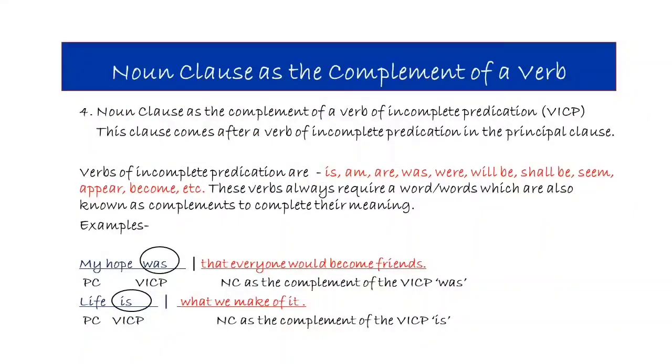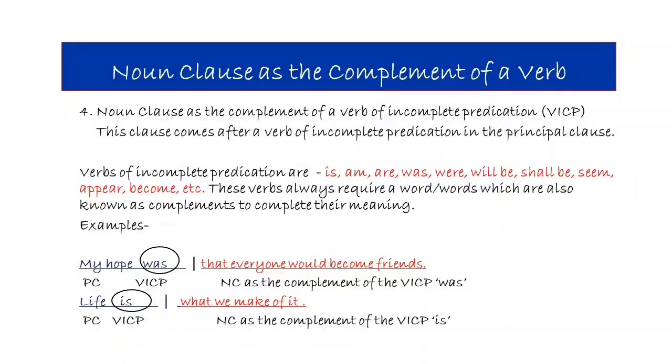Noun clause as the complement of a verb. This clause comes after a verb of incomplete predication in the principal clause. Verbs of incomplete predication are is, am, are, was, were, will be, shall be, seem, appear, become, etc. These verbs always require a word or a group of words, which are also known as complements, to complete their meaning.